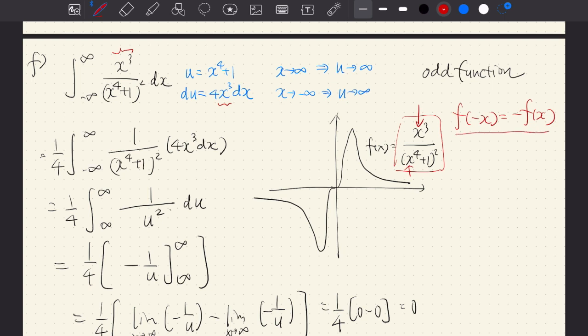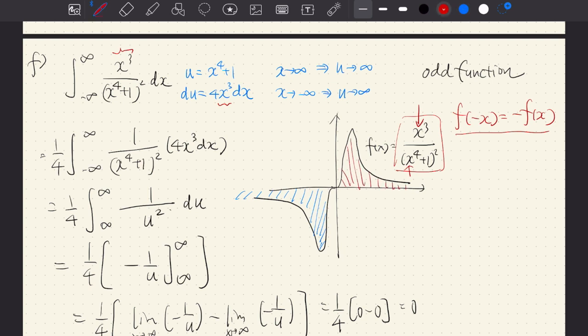And the thing about odd functions is that if you integrate over the real line, you can see that here you have a negative area, because this is a signed area, and here you have a positive area.